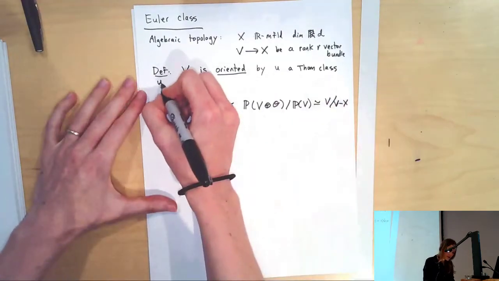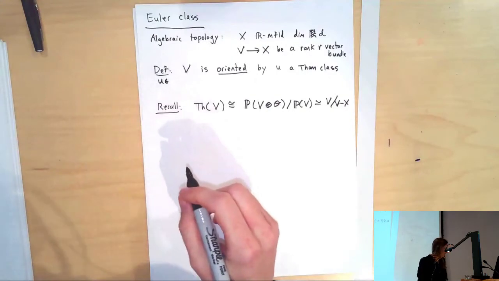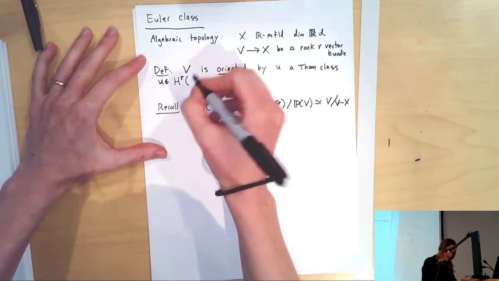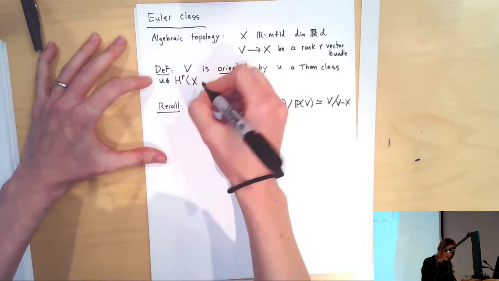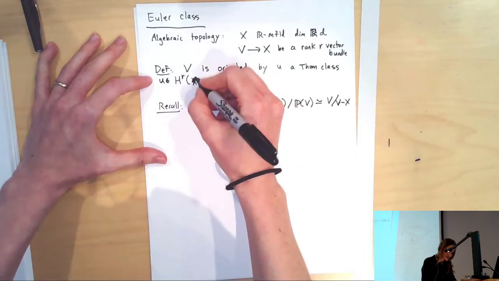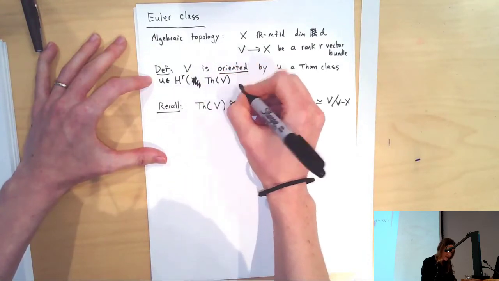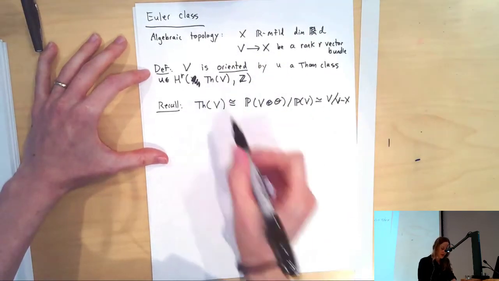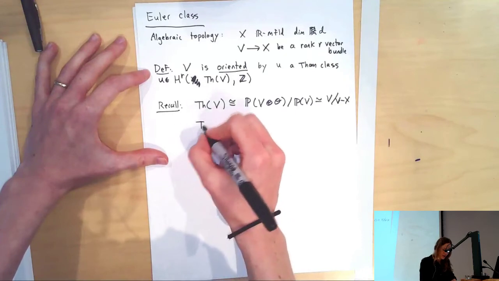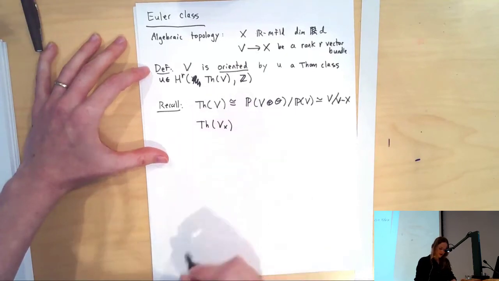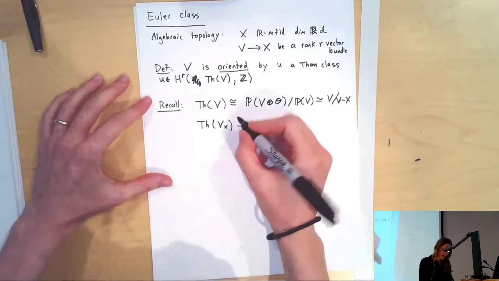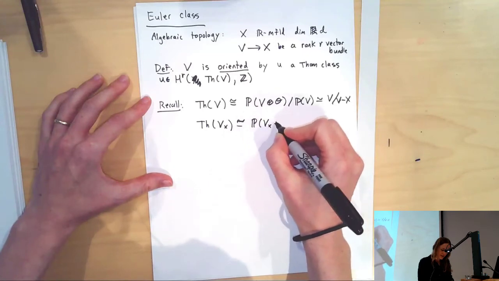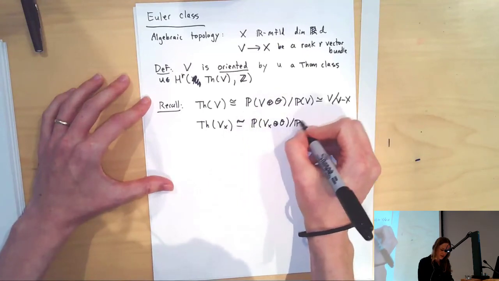And it's oriented by a Thom class in H^R, if it has a class in H^R of Thom V with Z coefficients, such that the restriction to the Thom space of each of the fibers is a generator. For example, the Thom space of the fiber over x is just the projectivization of the vector space V_x plus a trivial factor over the projectivization of V_x, which is a sphere.